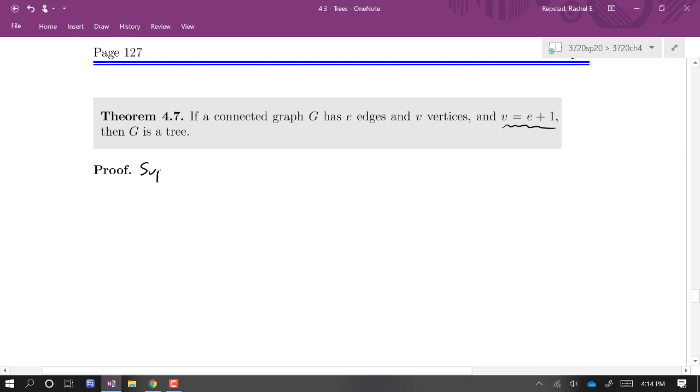So we're going to suppose that G is connected and that V is equal to E plus 1. We will show that G is a tree.